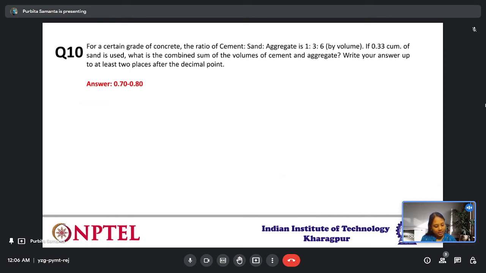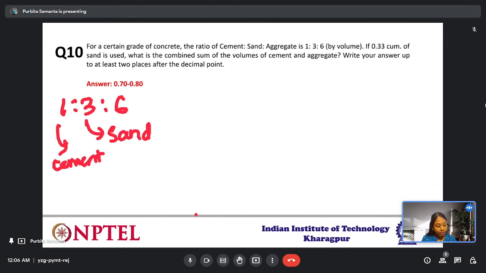The ratio is 1 is to 3 is to 6 by volume. So one part is cement by volume, three parts of this concrete is sand, and six parts of this concrete is aggregate, or the coarse aggregate.